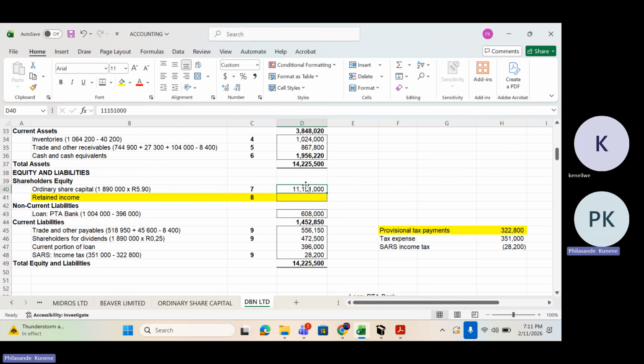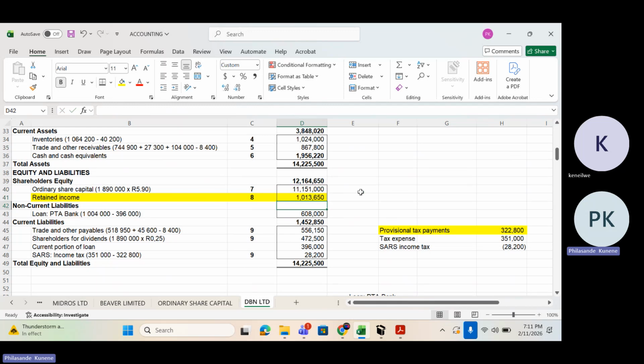Then now I can get my shareholders' equity, which is going to be my total minus this and minus the loan, right? Then I'm getting 12,164,000. Then my retained income is going to be my 12 million minus my 11 million.